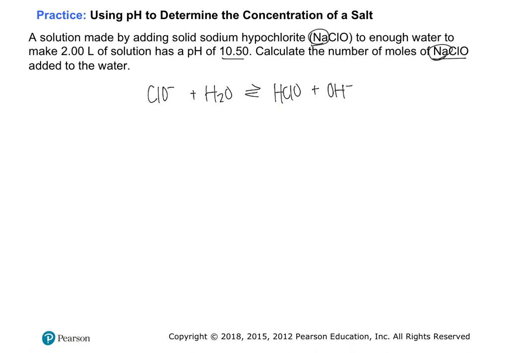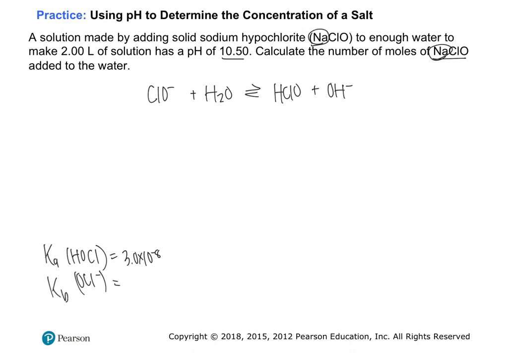Now, the Ka for hypochlorous acid, HOCl, is 3.0 times 10 to the negative 8. So from the stuff we did earlier, I can find the Kb of OCl minus, of hypochlorite.